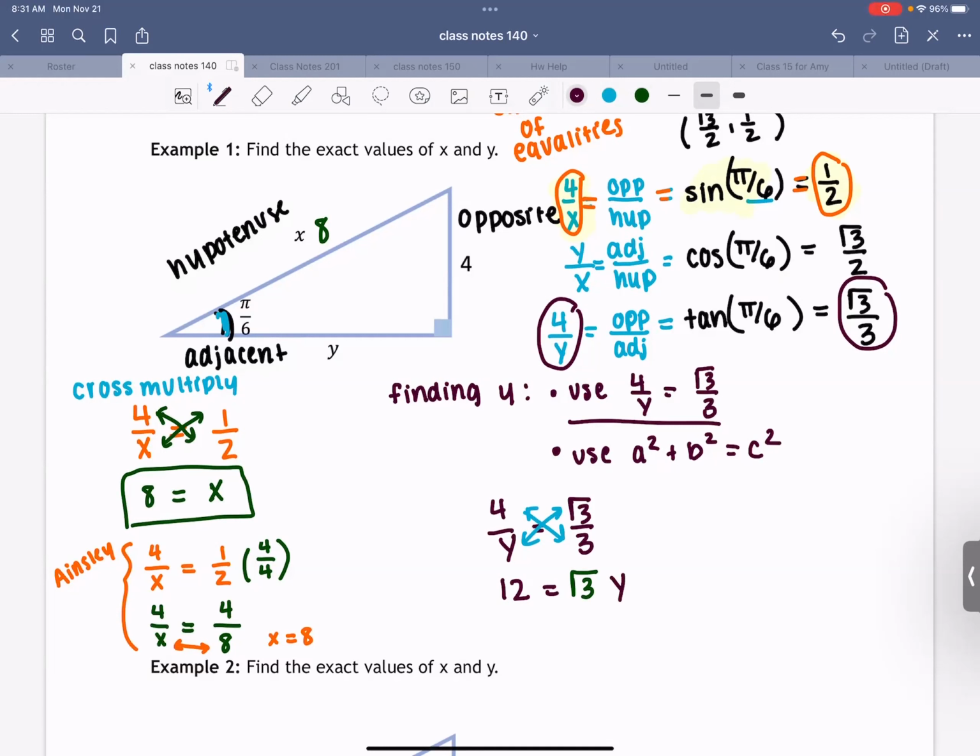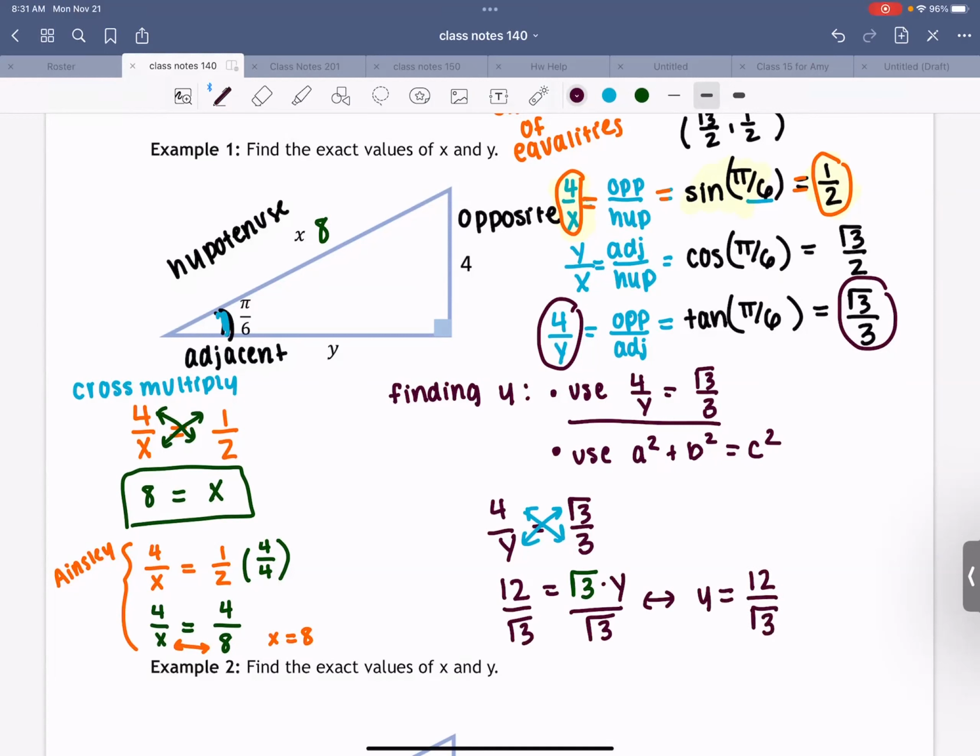Well, square root of 3 is multiplied by y. How do I undo multiplication? Division, right? So if the square root of 3 is multiplied by y, all I have to do is divide by the square root of 3. And I know that y is equal to 12 over the square root of 3.